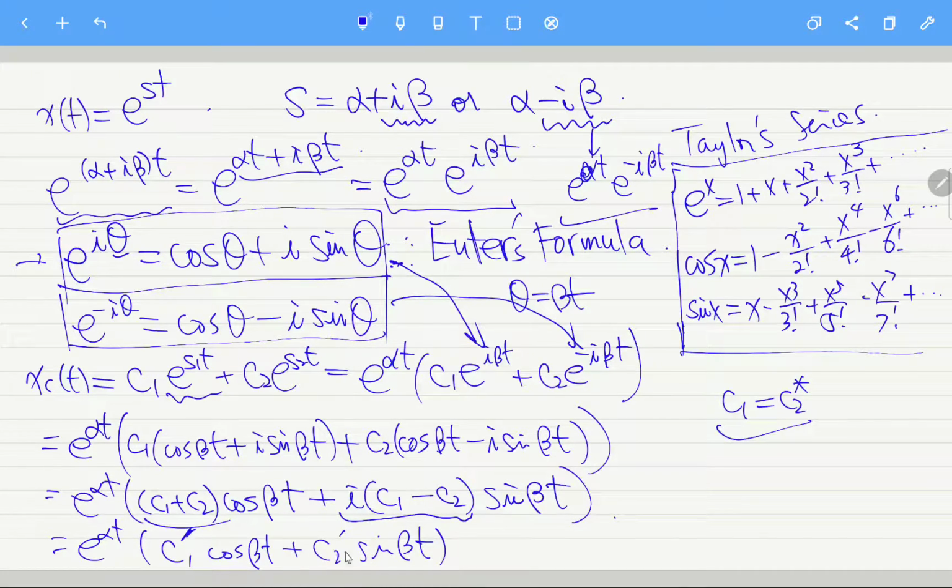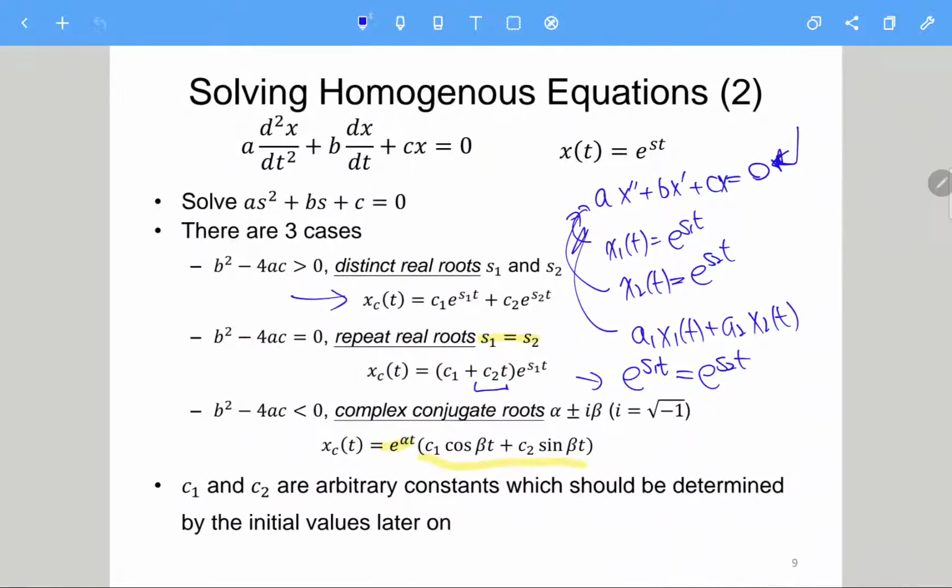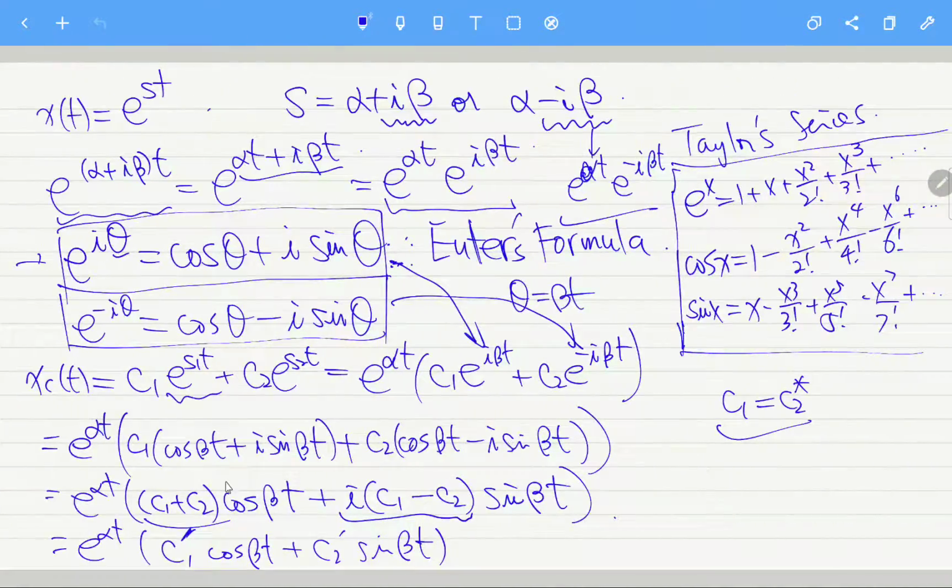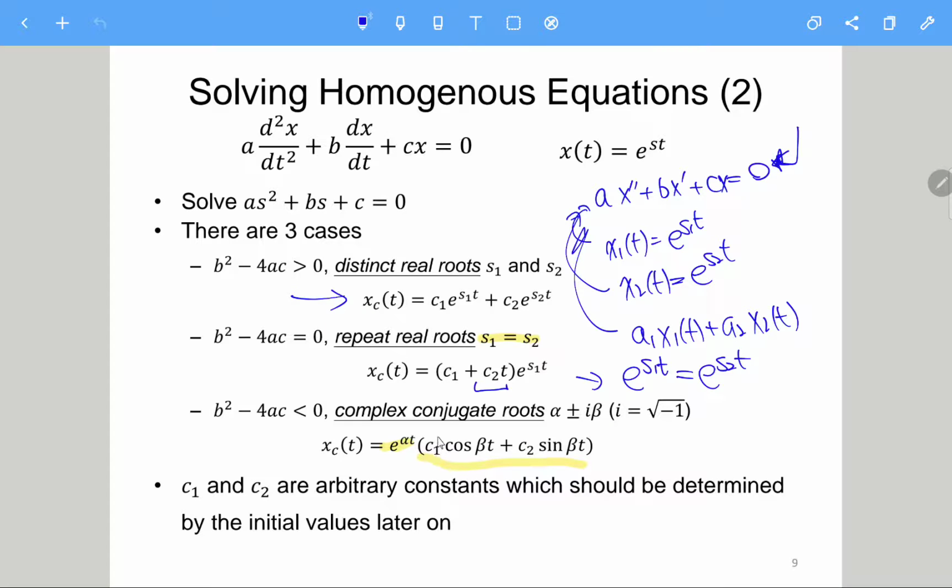We use the prime here because we don't want to mix up this c1 prime with this c1, this c2 prime with this c2. They are arbitrary real numbers. So finally we can just write it as exponential to alpha t times c1 cosine beta t plus c2 sine beta t. So these are all three cases of the homogeneous equation.